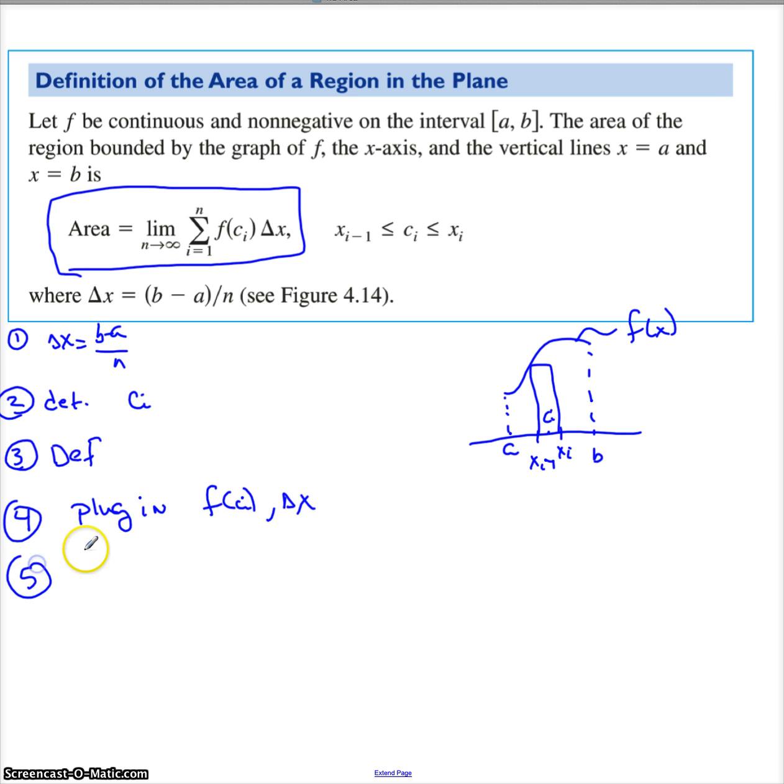And then, of course, you just simply need to do the summation. And then finally, take the limit. These are much easier once you've seen a couple of them done.